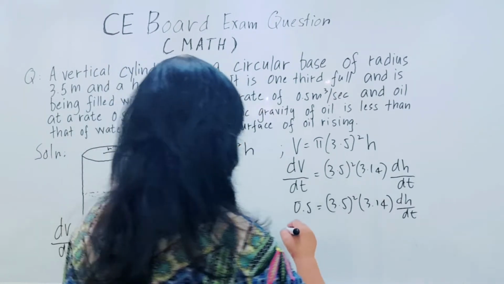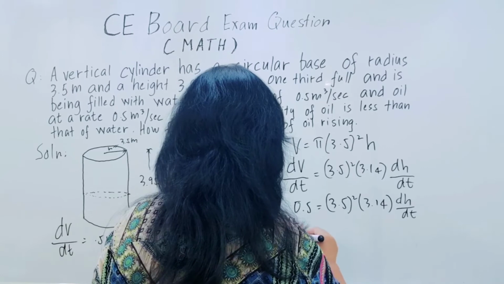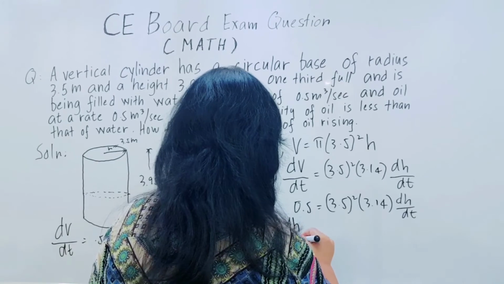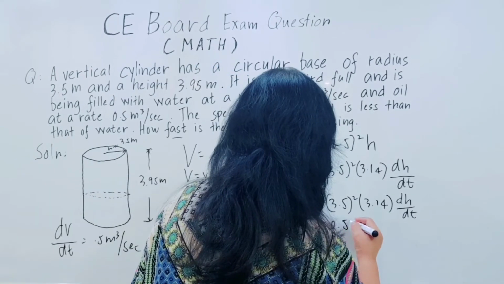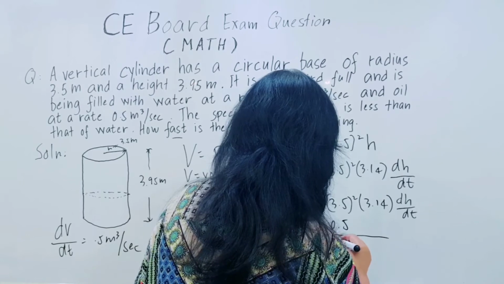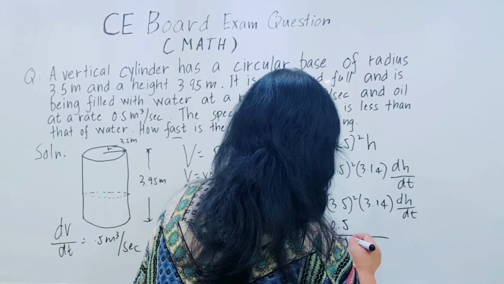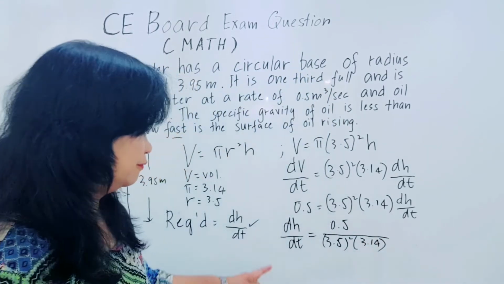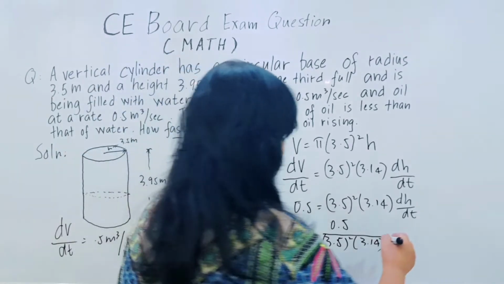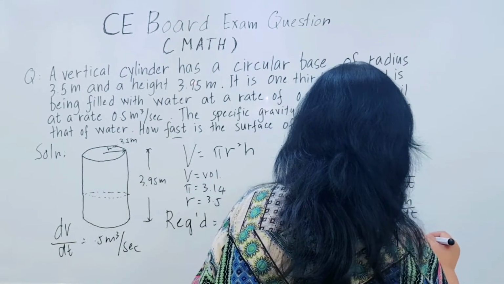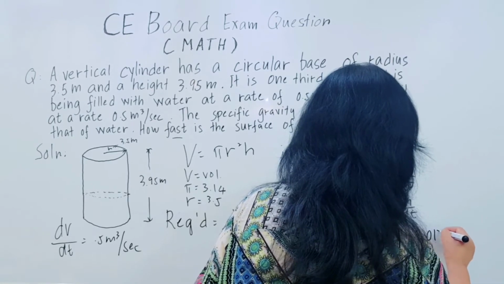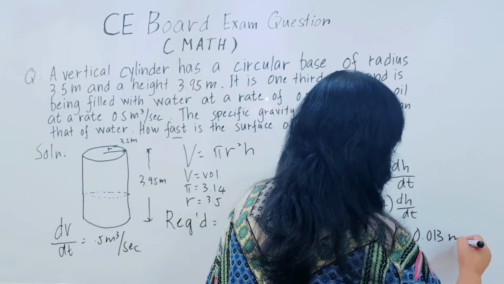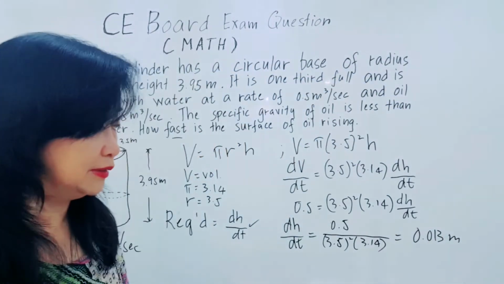Simplifying all this, dH dt is equal to 0.5 divided by 3.5 squared times 3.14. Now, simplifying this using the calculator, the rate of change with respect to the time is equal to 0.013 meter per second.